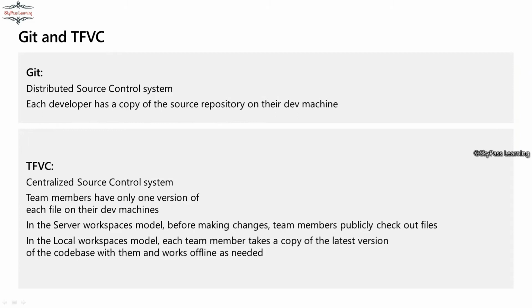So in TFVC, it's the centralized structure model. With the server workspace model, all the changes and everything are on the centralized server database and published from there only. With the local workspace model, each member takes a copy on their local system and can work offline with the code base, and then upload or merge the code with the system.